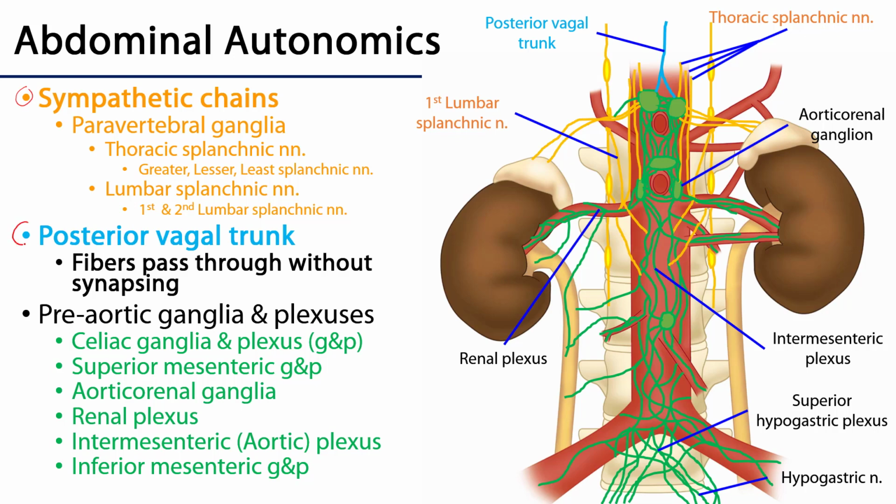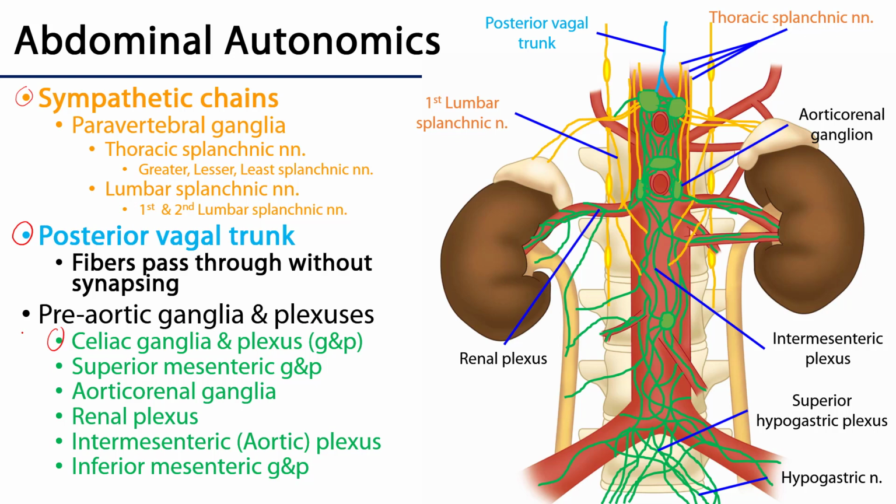Anything which is this light color of blue is a parasympathetic input, and anything that is showing up as green is going to be a mixed autonomic plexus or ganglion. So let's start with the sympathetic side of things and work our way through.